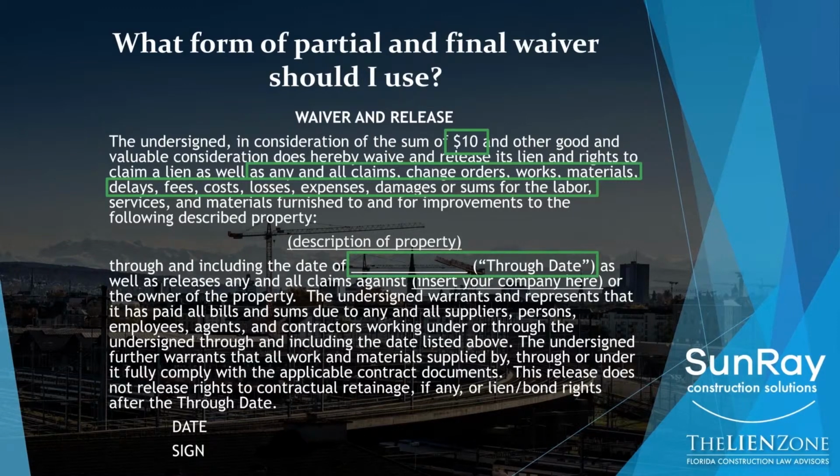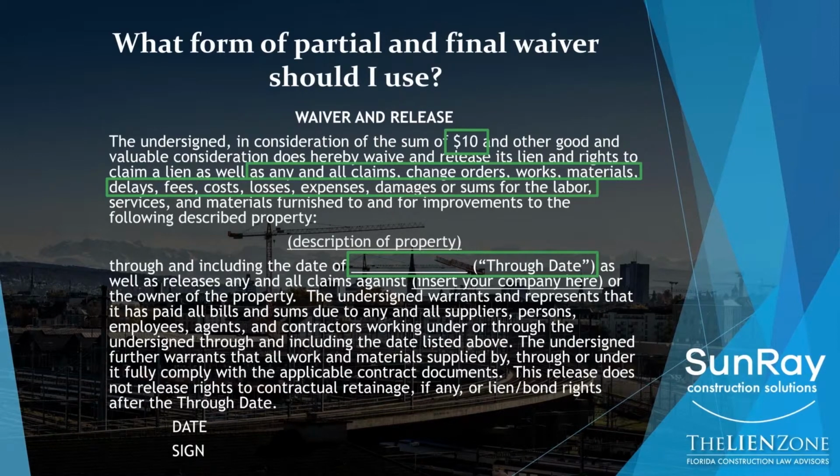So if you say to yourself, well, this job is running long, I'm going to make a claim at the end of the job for my extended general conditions and overhead, but you're signing releases like this every month, just know that every month when you sign a release like this, you are giving up those rights.